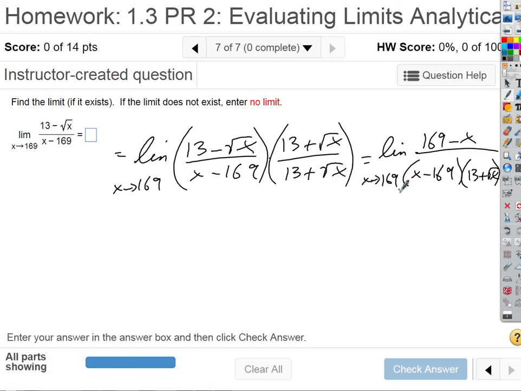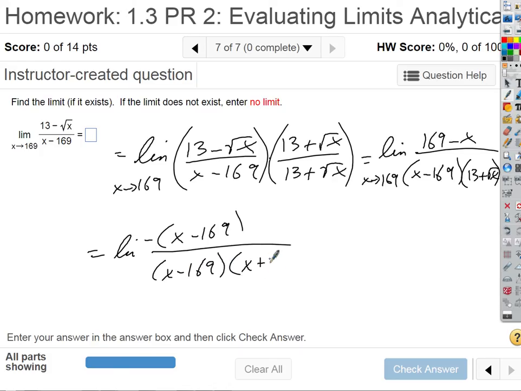If I factor out a -1, what am I getting? Minus 169 plus x, or x minus 169. Put the positive term first. So I get negative the quantity x minus 169 over x minus 169 times 13 plus the square root of x.